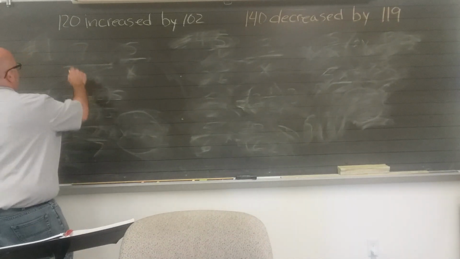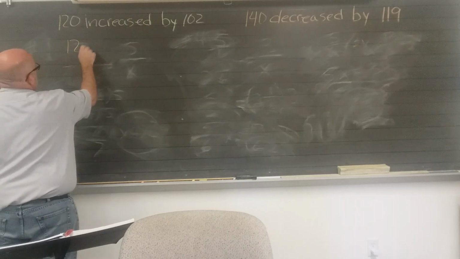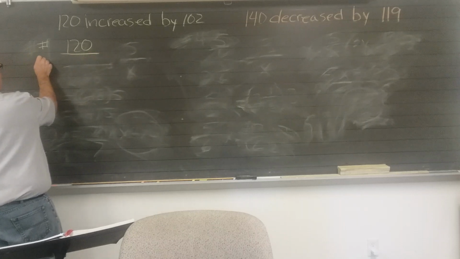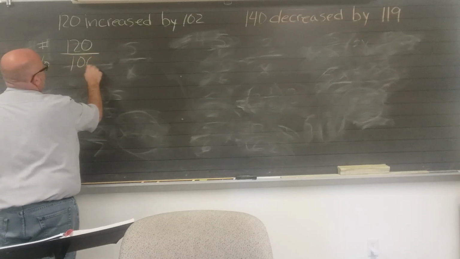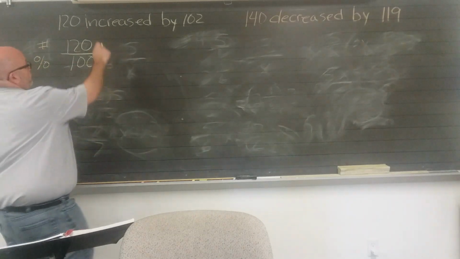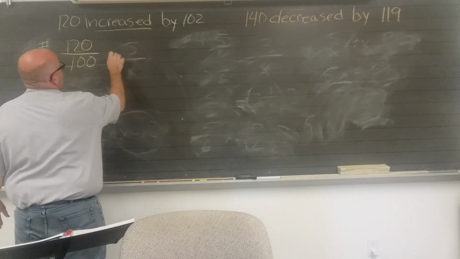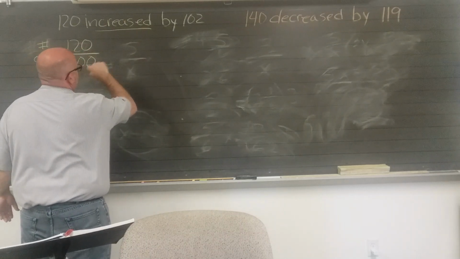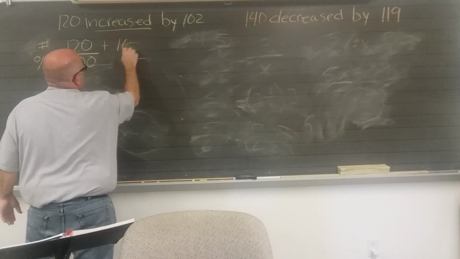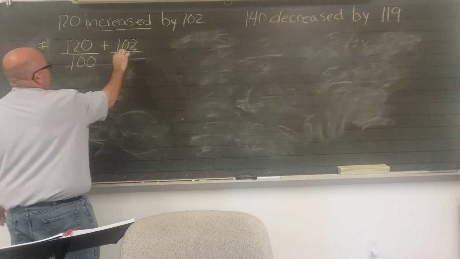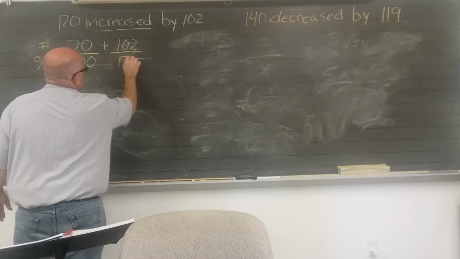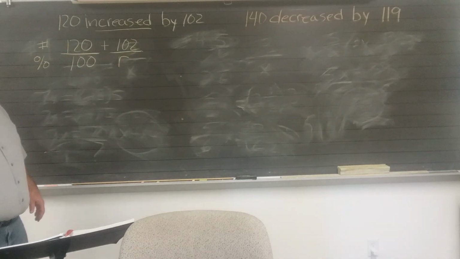Now in this case, 120, so you have a number. 120 represents 100%. Okay, so this number is the 100%. You're increasing, which means what? You're plussing 102, and the missing number is the rate, I'm going to put an R there, rate of increase.